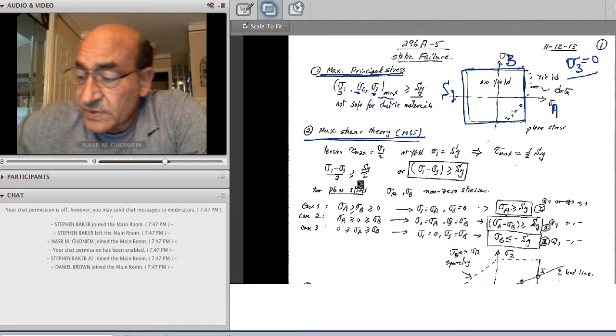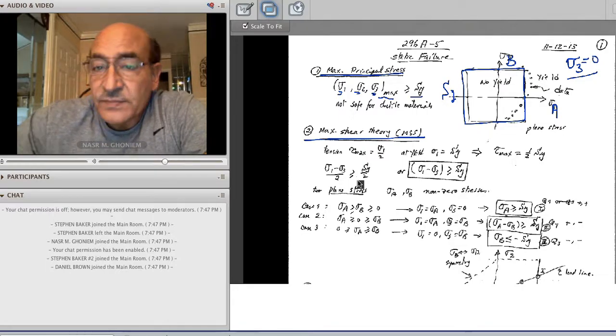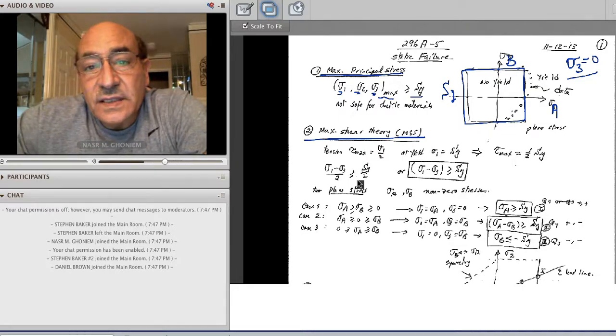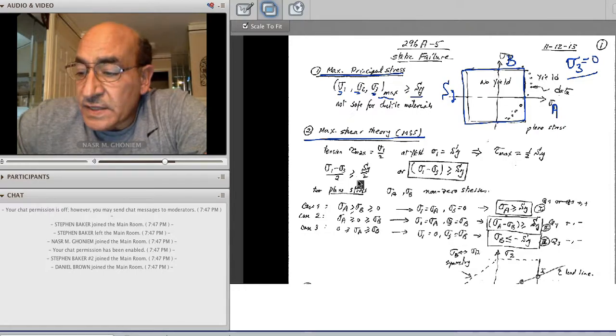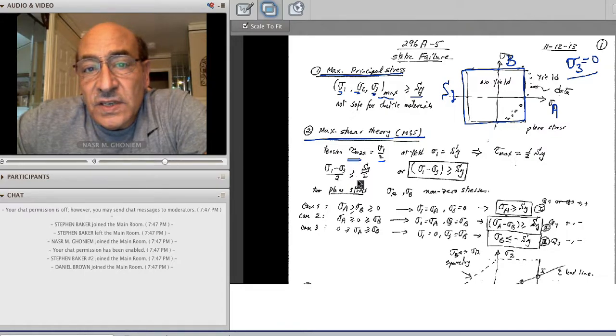And again, we want to find the failure boundary or the yield boundary. The criterion is based on the maximum shear stress, which in tension we know is equal to sigma 1 over 2. And in tension, when sigma 1 is equal to the yield strength, then we have plasticity.